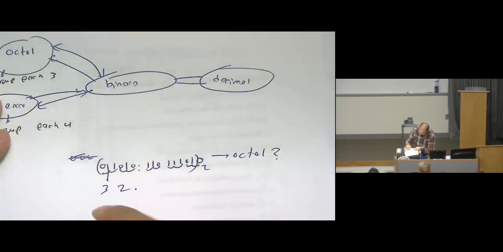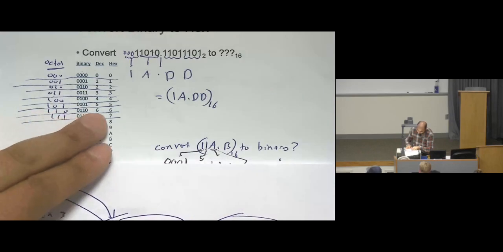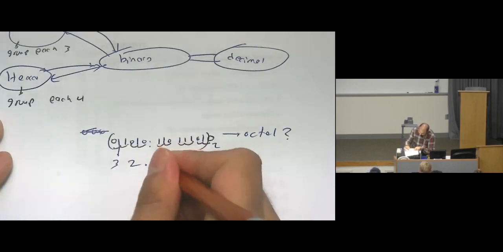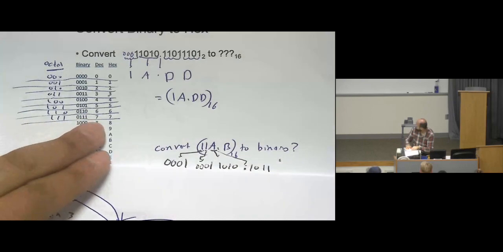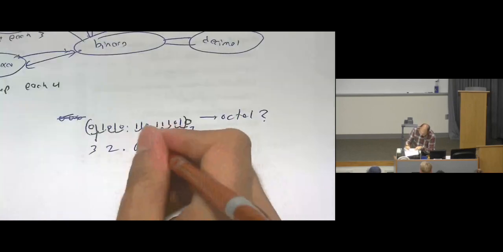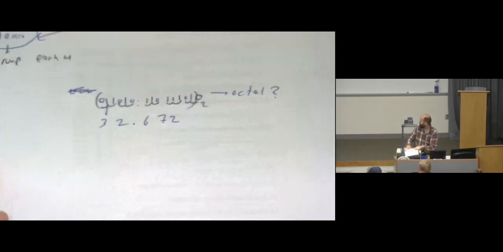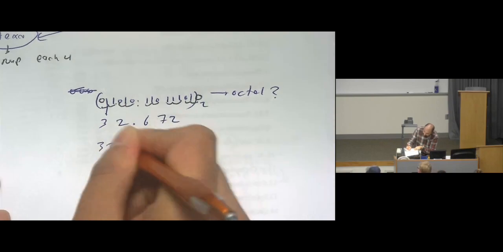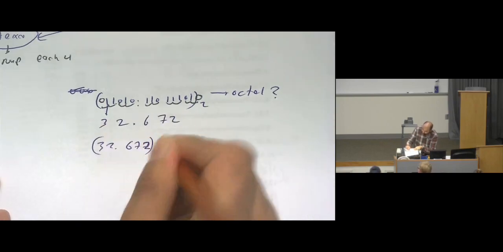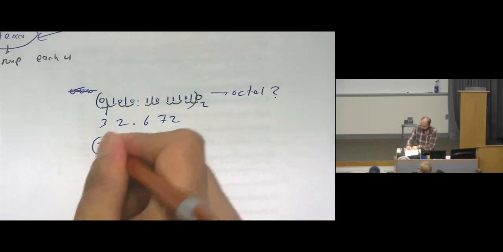The decimal point will be as is. 1, 1, 0 is equivalent to 6. 1, 1, 1, go to the table. 1, 1, 1 is equivalent to 7. 0, 1, 0 is equivalent to 2. So as a result, 32.672.